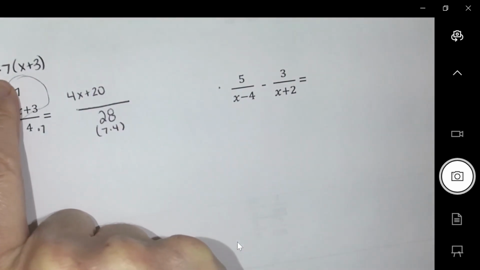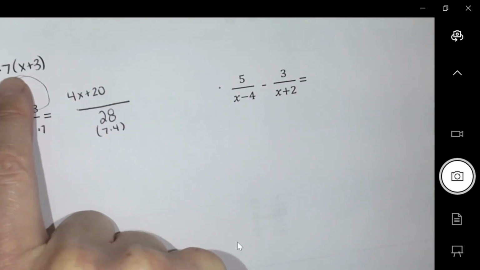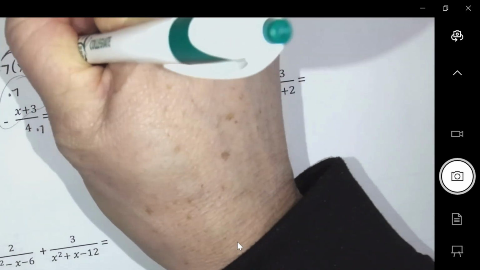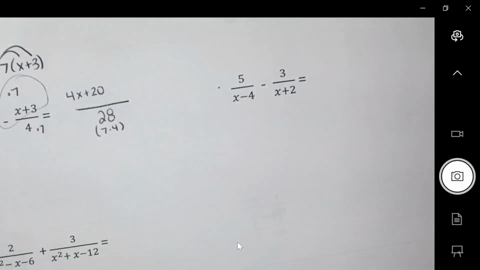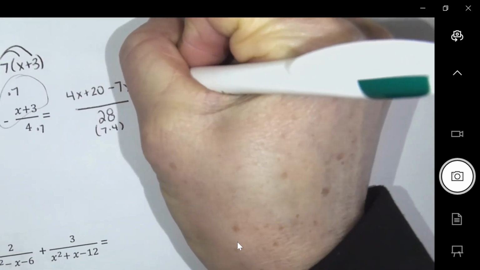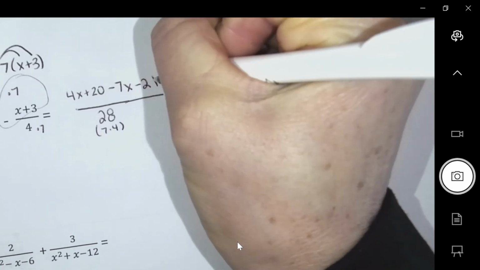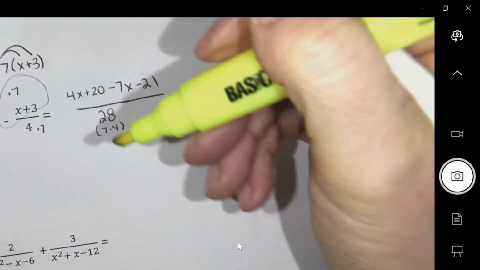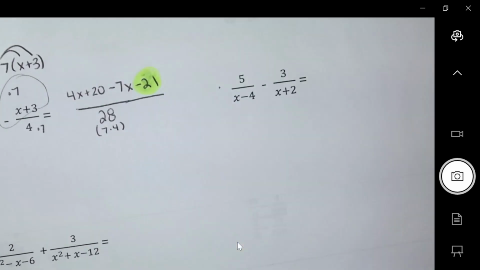I'm going to subtract 7 times that. I'm going to have to distribute the 7 and distribute the subtraction of it all. This is where I catch a lot of mistakes because people forget to subtract the entirety of it.